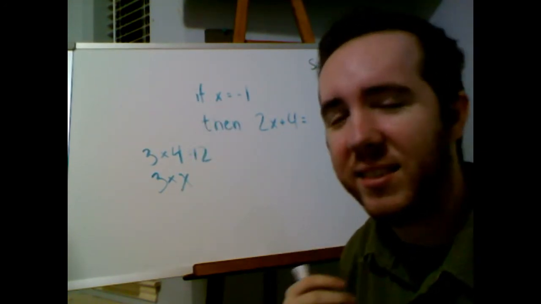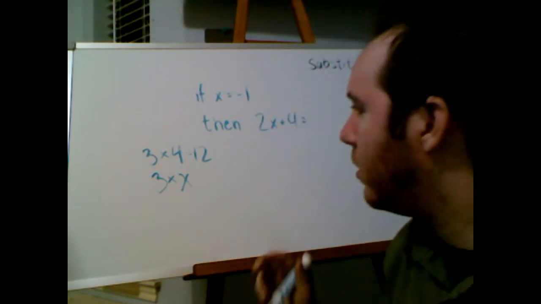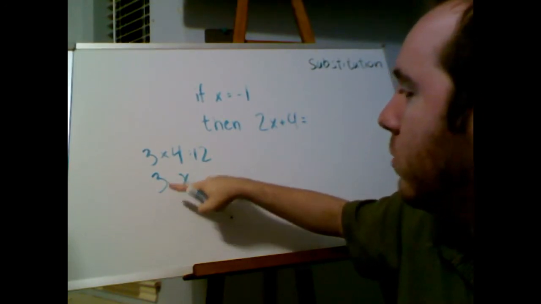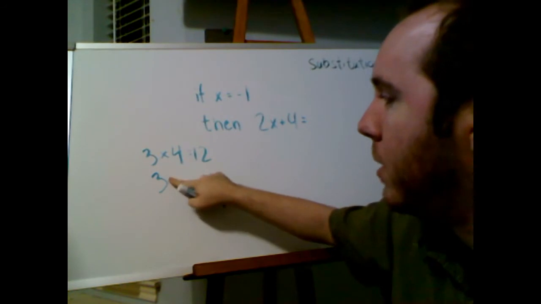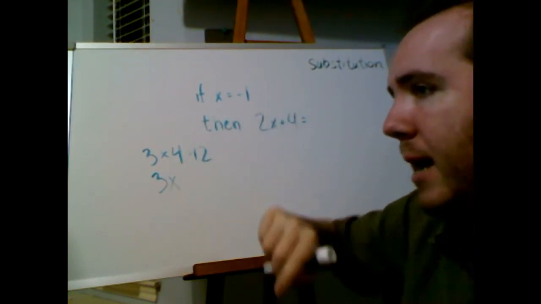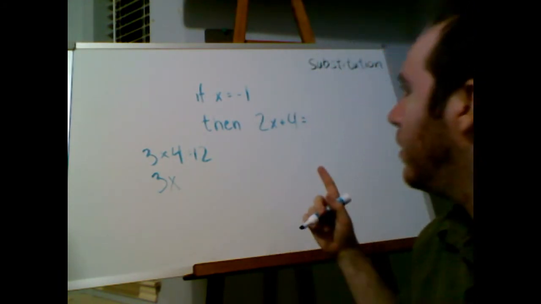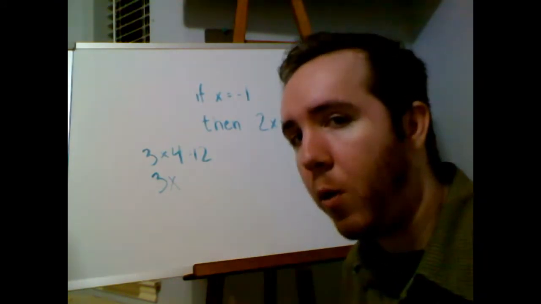And that can get a little confusing. So, if we want to do 3 times x, instead, we can just write 3x. If you type it, you won't put a space in. You'll just type a 3 and an x right next to each other. So 2x plus 4 is 2 times x plus 4.